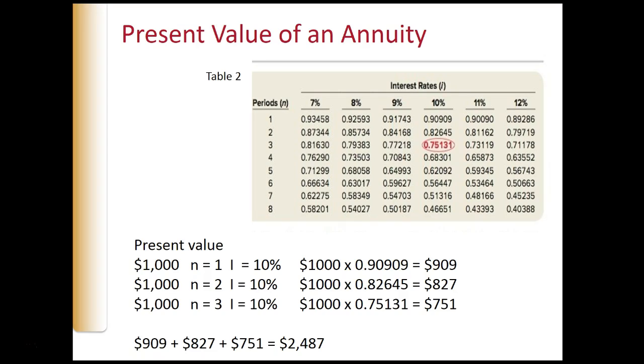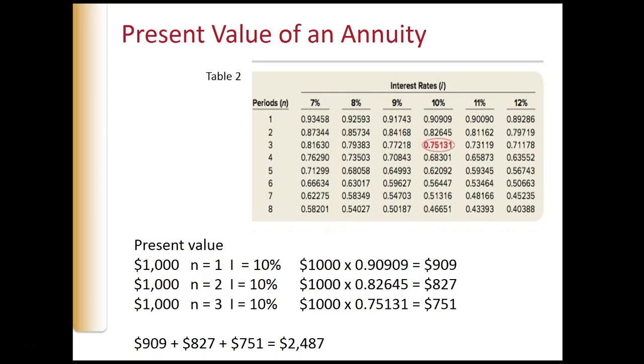So $1,000 in the future for one period at 10% would be a present value of $909. $1,000 in 2 years at 10%, we would use 2 periods, 10% interest rate, and we would use the 0.82645 factor to come up with a present value of $827.